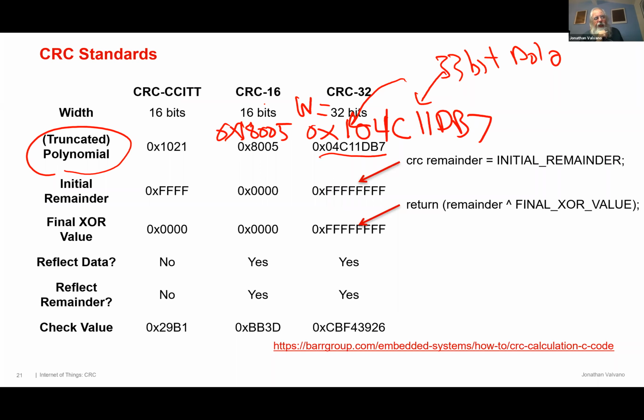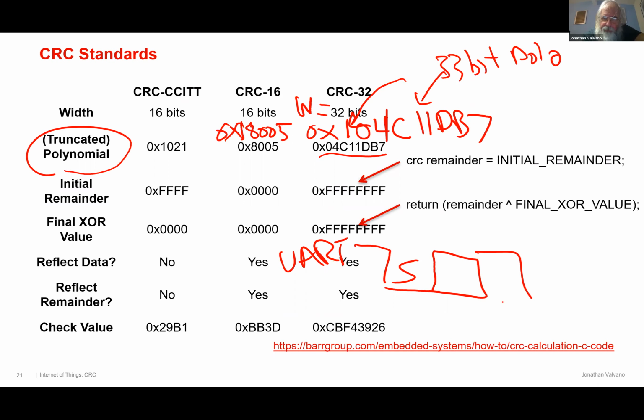Another one is the fact that this stuff was designed in the 60s. And if you remember from your 319K days, a UART sends the start bit, but what is the first bit in a UART after a start bit?